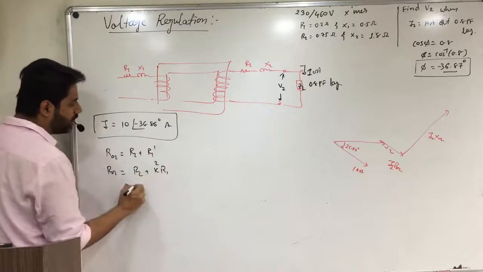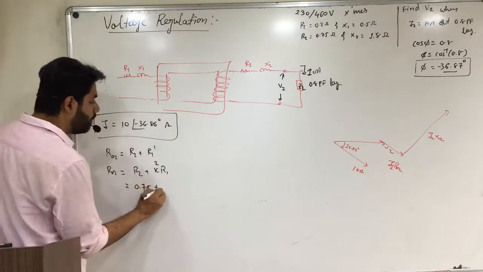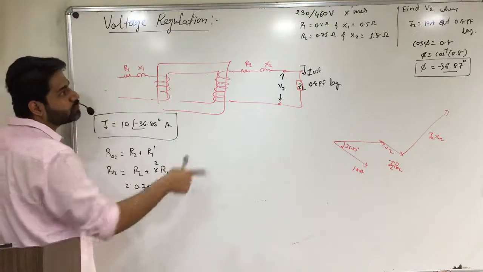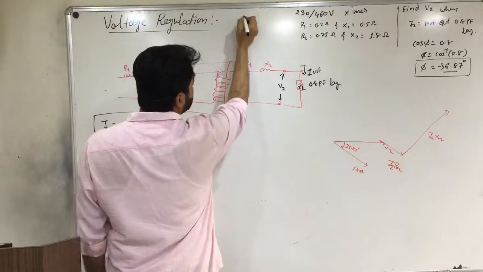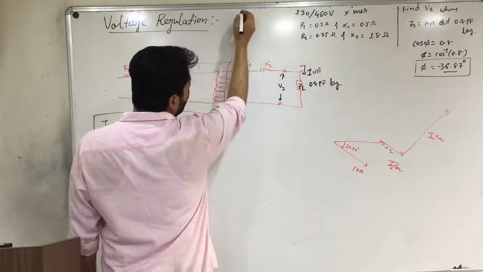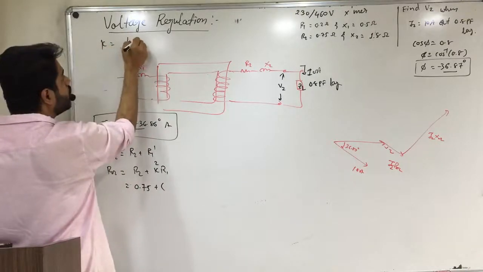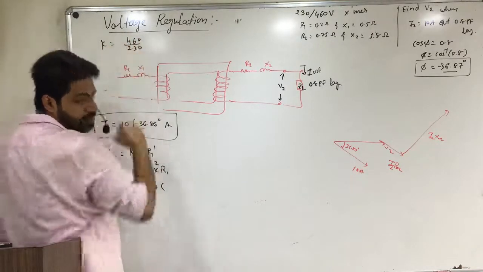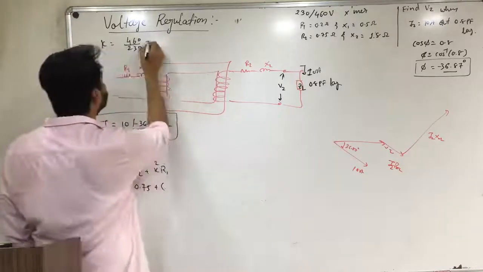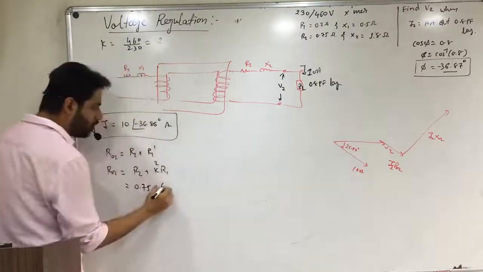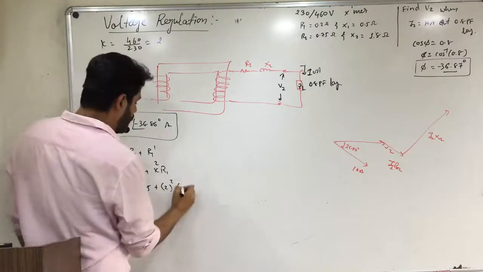R2 I already know, 0.75, plus k square. Now k square is what? The transformation ratio, N2 upon N1 or V2 upon V1. So k is equal to 460 divided by 230, which comes out to be 2. So we have 2 square into R1. The value of R1 is 0.2.